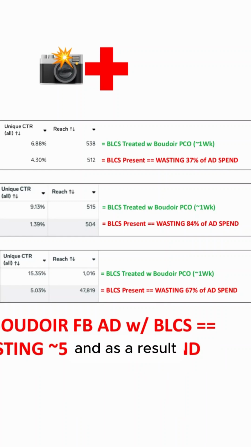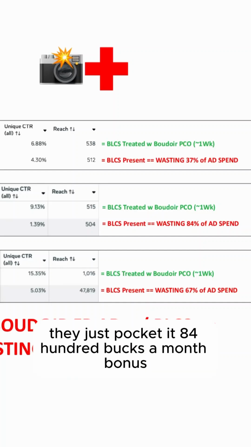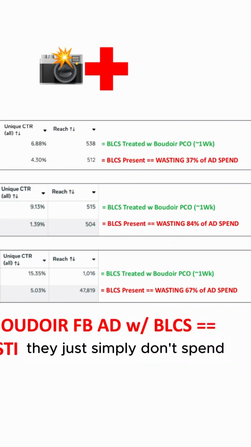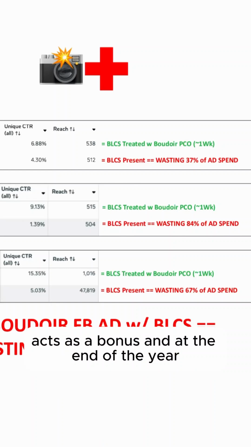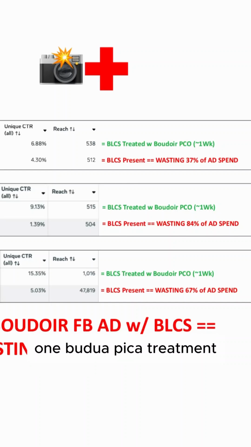And as a result, that difference, $8,400 a month, they no longer have to spend. They just pocket it, an $8,400 a month bonus, kind of a phantom bonus or Boudoir Pico bonus. They just simply don't spend the money. It stays in their pocket and acts as a bonus. And at the end of the year, it's like 100K bonus, just from one Boudoir Pico treatment.